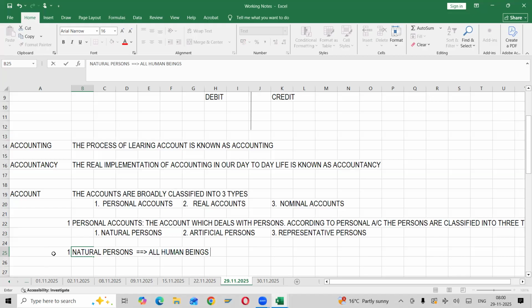Next one. What is the second rule? Involved in economic activities. Yes.